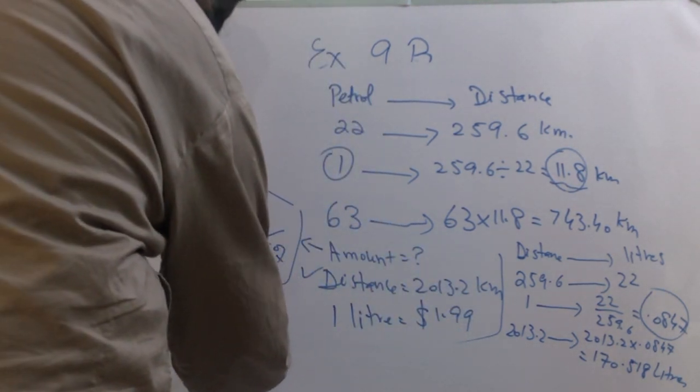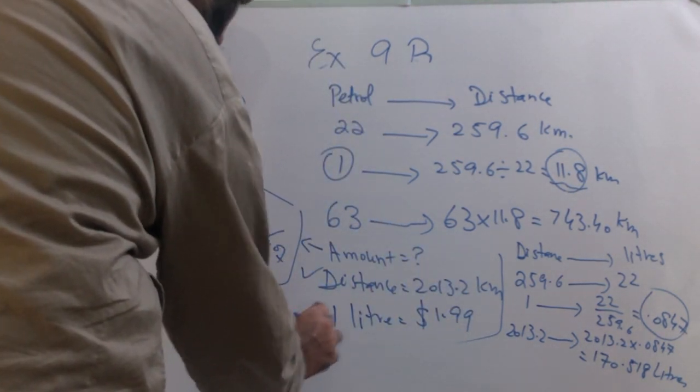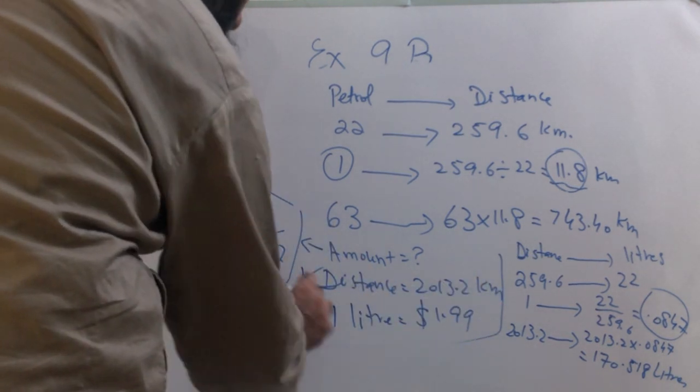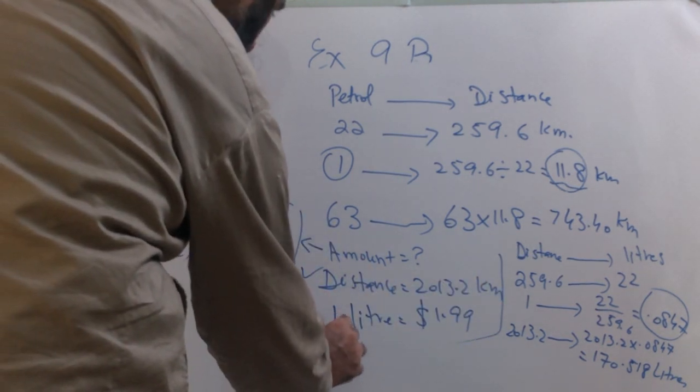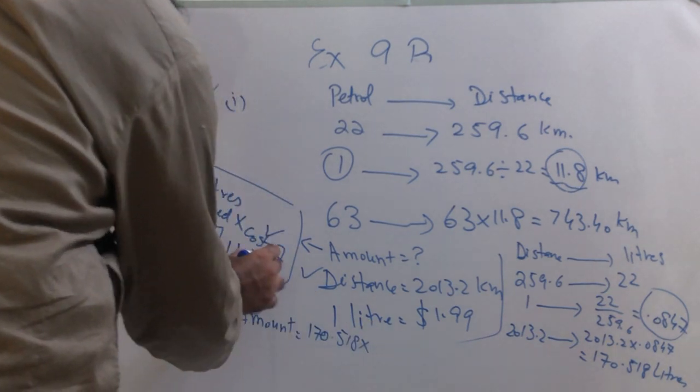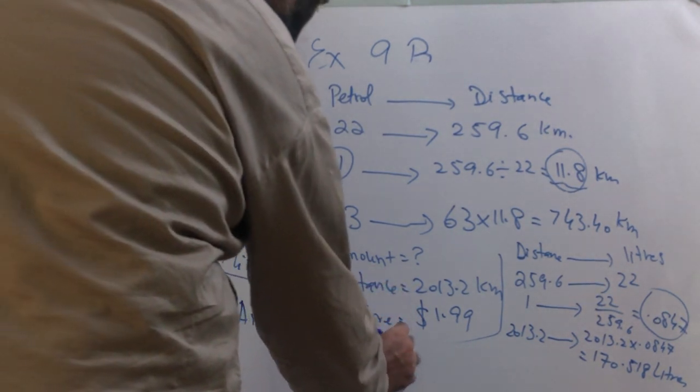Now we can find the amount. Liters used, 170.518, into the cost of 1 liter, which is 1.99.